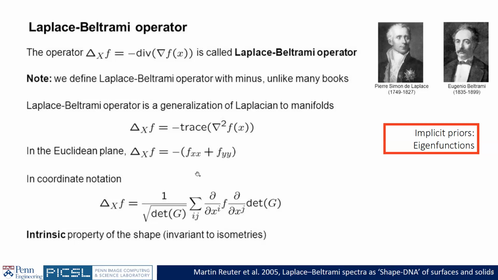Another way to think of it is as the divergence of the gradient, right? Gradient is dou x, dou y. Divergence is taking the derivative of it and adding them together, right? So you know how to do this in image plane, right? It's just 2 lines of code. And then nothing stops you from taking this idea and applying it to surfaces and to meshes, right?